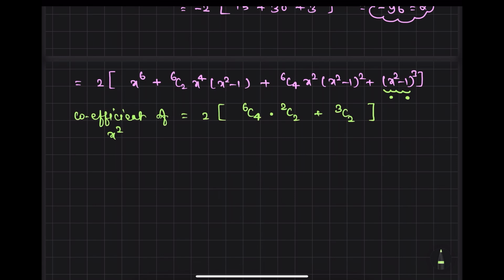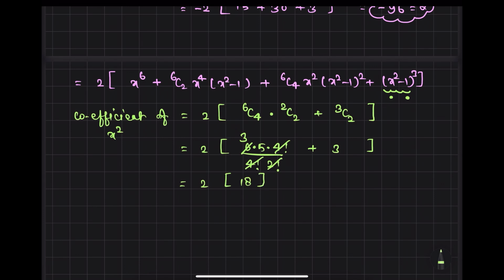Okay. Now let's do the simplification. So 2 times 6c4: 6, 5, 4 factorial, 4 factorial, 2 factorial. You know 2c2 is 1 and 3c2 is 3. Let's do the simplification. This thing is done, this thing neutralized, means simplified. So 2 times 5 threes are 15, 15 and 3, so 18.